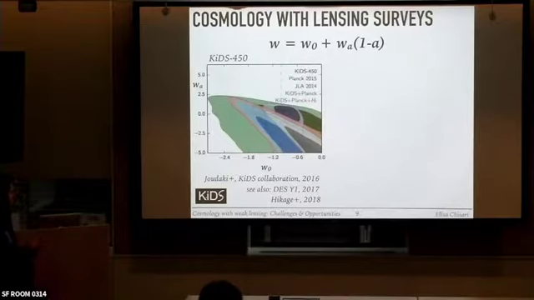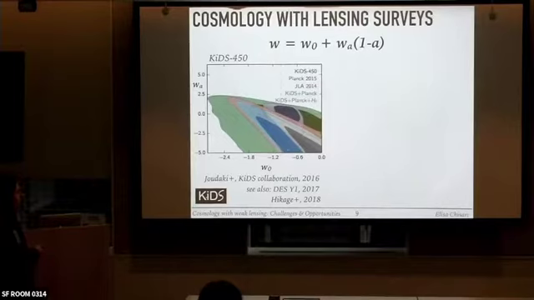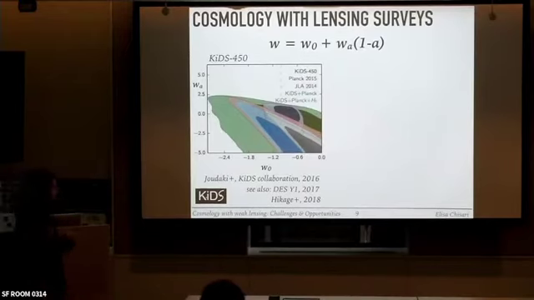And what you see here is that if we think of this parameter w that tells us about the equation of state of dark energy in terms of a constant plus some time-varying parameter, then in this parameter space, a universe with a cosmological constant would be sitting here at the center of the crosses. And what we get from the data are these green contours in the case of KiDS that are 1 sigma and 2 sigma, and you see they are compatible with that cosmological constant scenario.